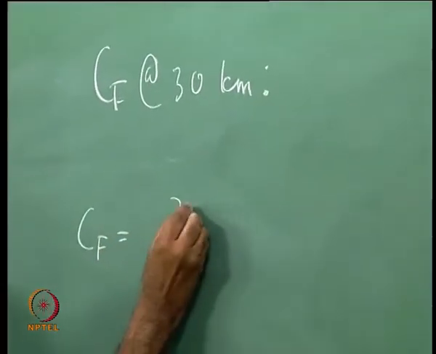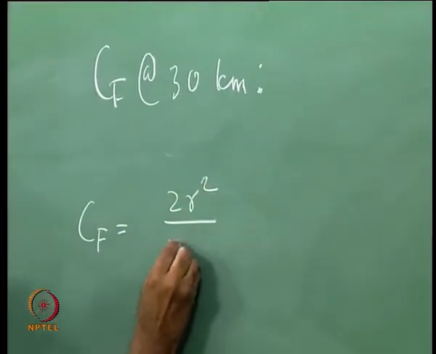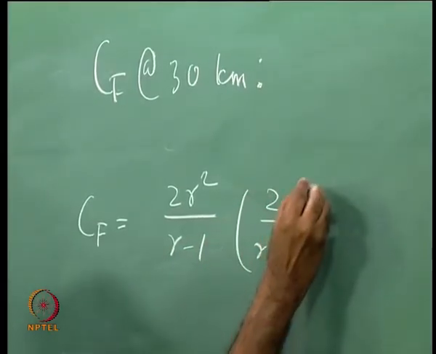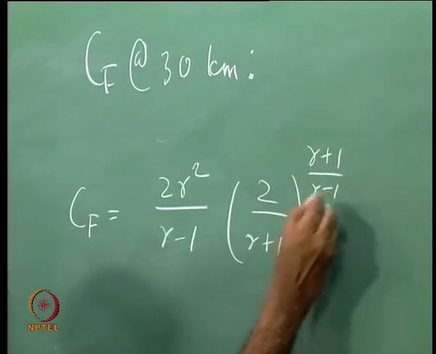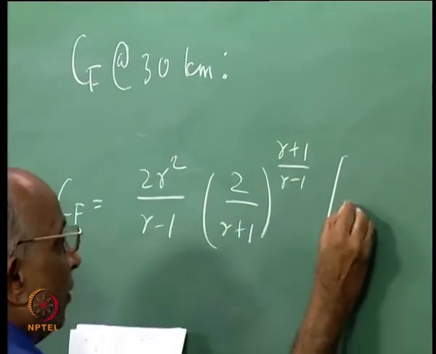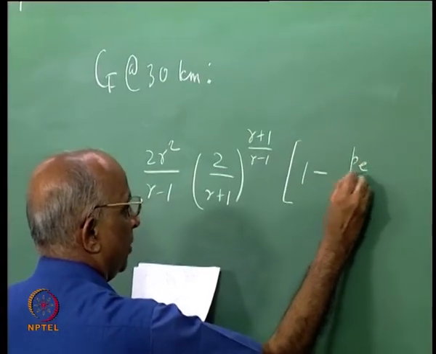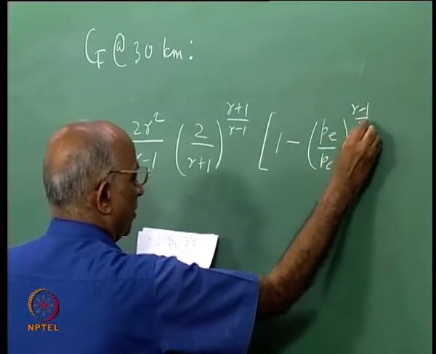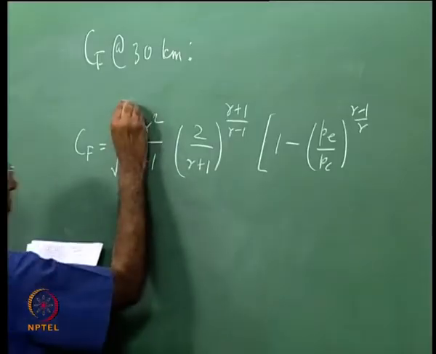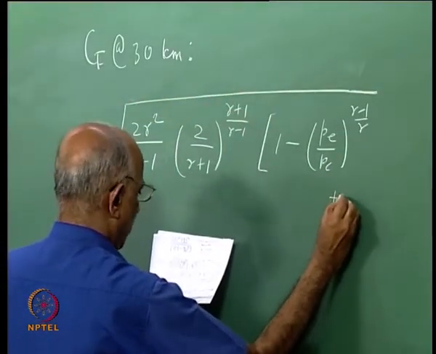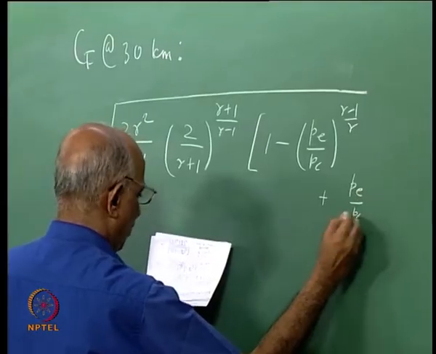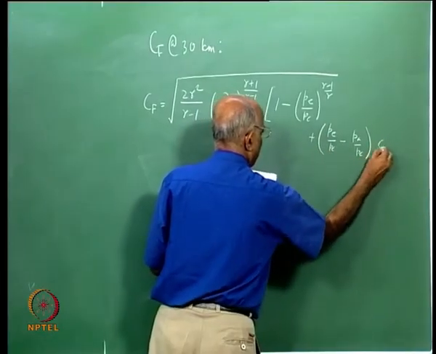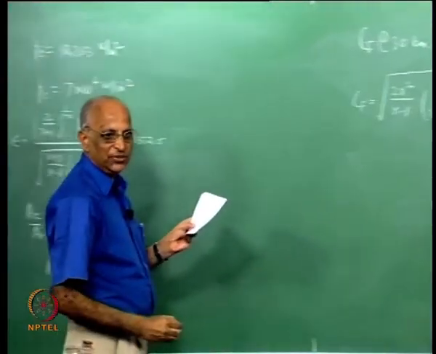CF is equal to the square root of 2 gamma squared over gamma minus 1, times 2 over gamma plus 1 to the power gamma plus 1 over gamma minus 1, into 1 minus Pe by Pc to the power gamma minus 1 by gamma, plus Pe by Pc minus Pa by Pc times epsilon. You will recall we did this in the morning. Please check.